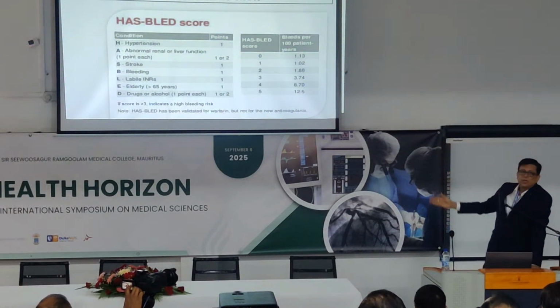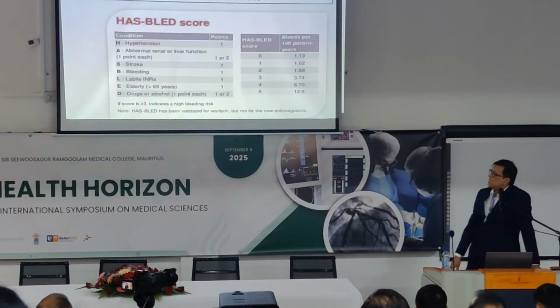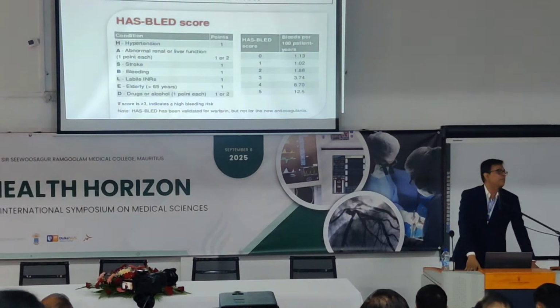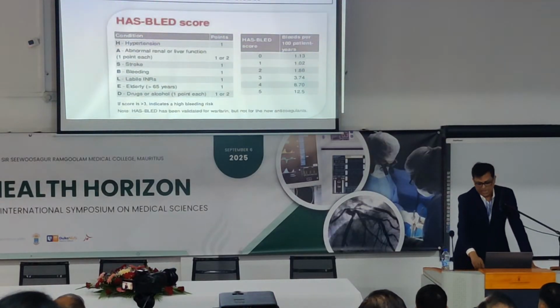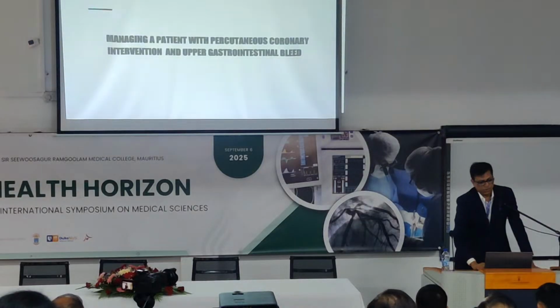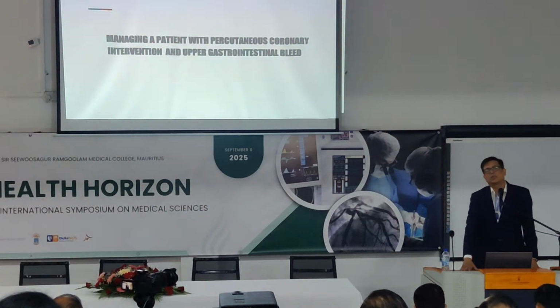If the score is more than 3, the risk of bleeding is very, very high. So these are the ways we assess the patient's bleeding risk and thrombotic risk, and then the guideline tells us how to decide.